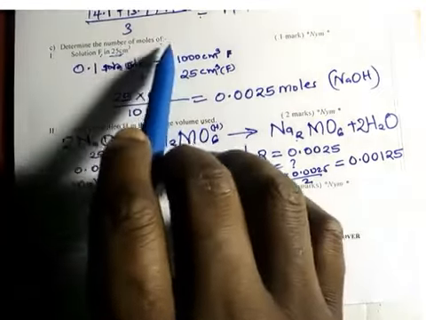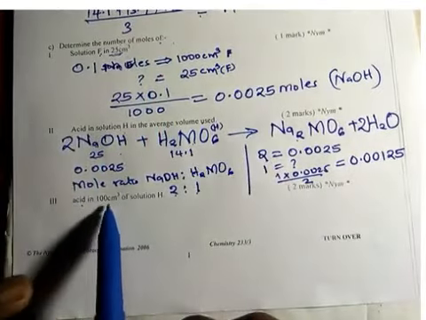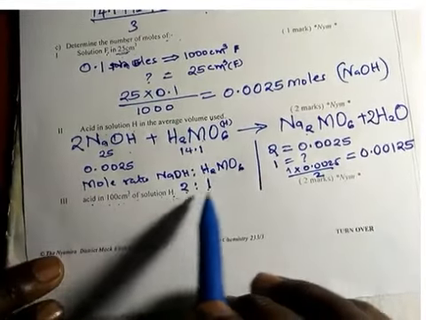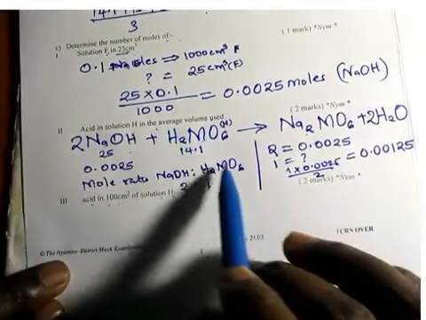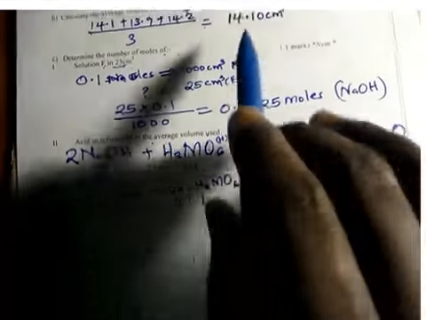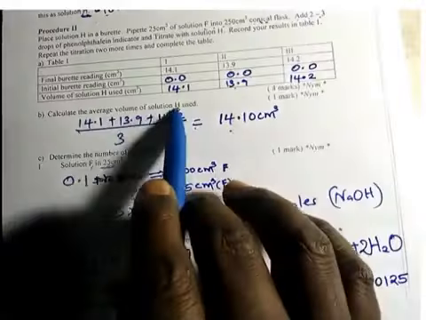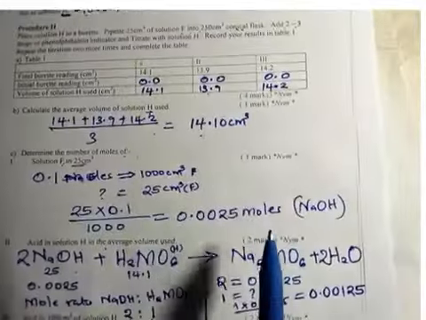Determine the number of moles of acid in 100 cm³ of the solution H. Now we know the number of moles of H in the average volume, 14.